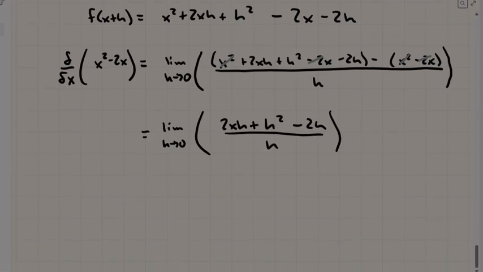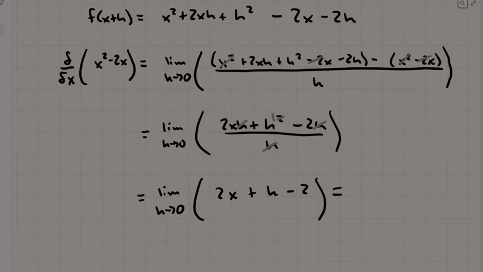And now we can get rid of that denominator by reducing every h exponent by 1. And now we can evaluate the limit, since now we're not going to be dividing by 0. So that's 2x plus h minus 2.